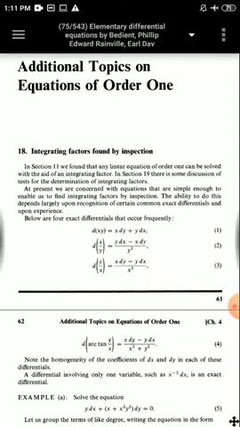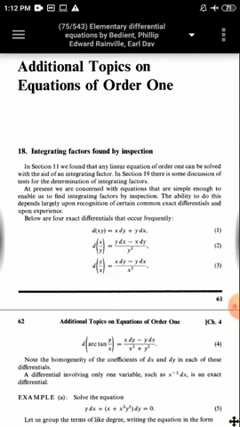In section 19 there is some discussion of tests for the determination of integrating factors. At present we are concerned with equations that are simple enough to enable us to find integrating factors by inspection.